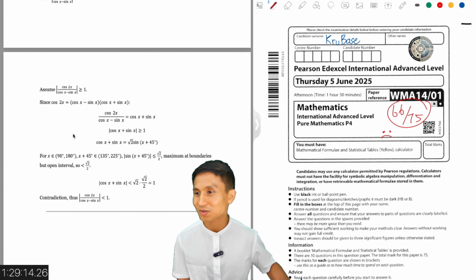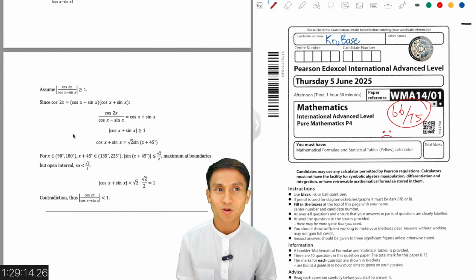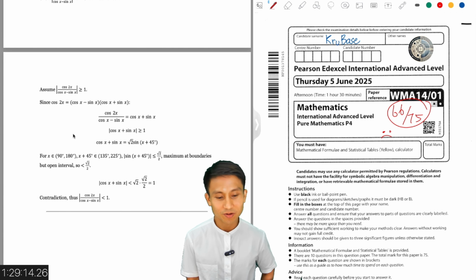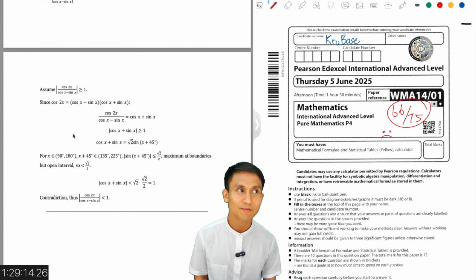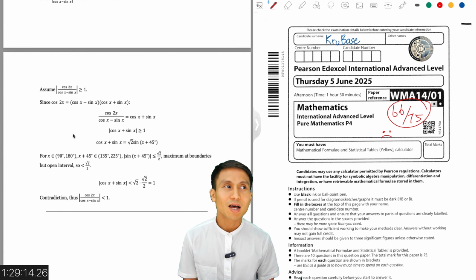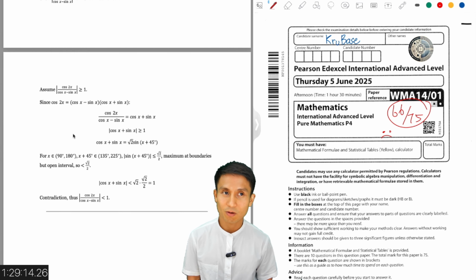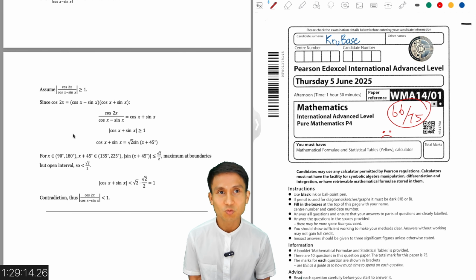Okay, so this is probably the worst P4 paper, only due to the stupid mistakes. But okay, let's review the paper. I think this is probably about as hard as the October 2024, which was hard. So if you wonder what the grade boundaries are, you can check that one.